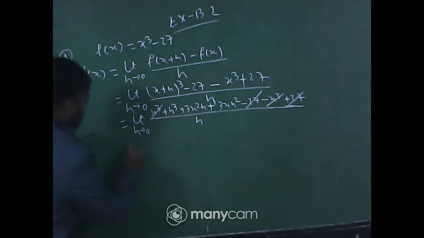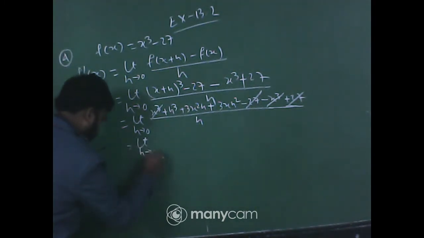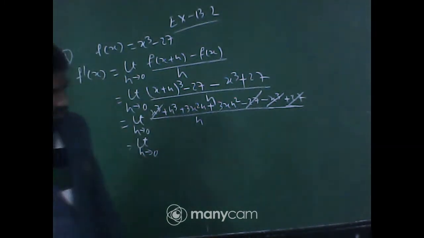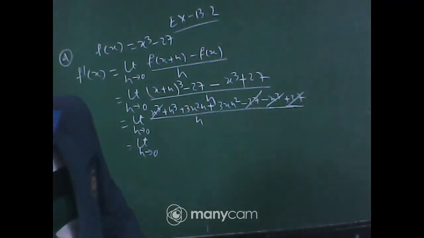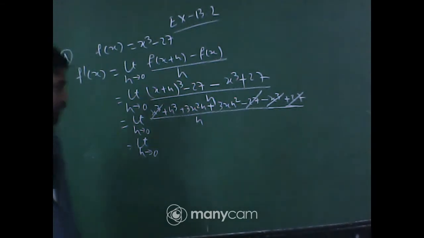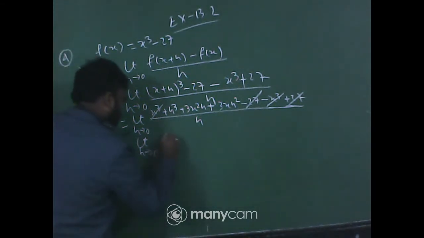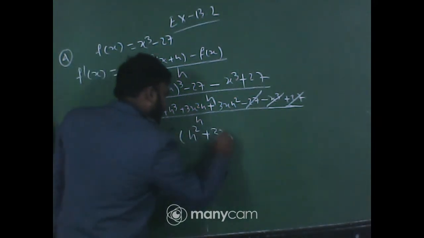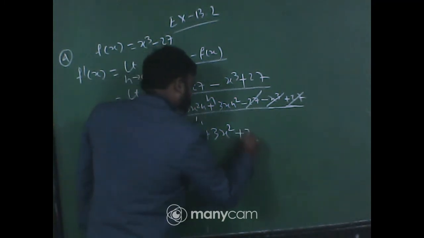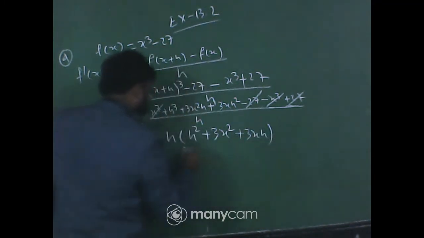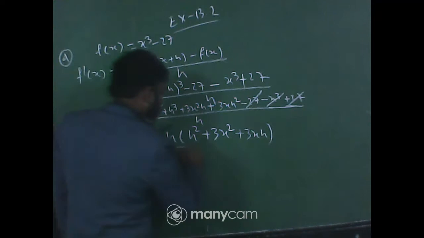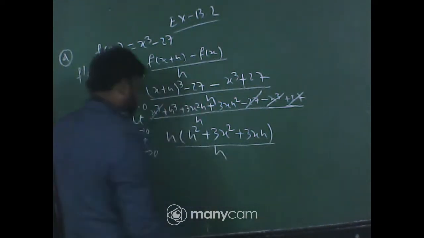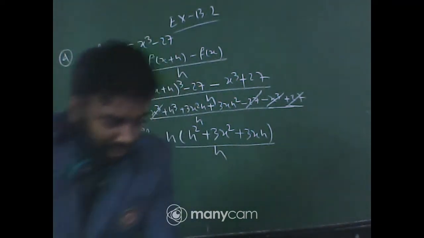From that, take h common: limit h tends to 0, h square plus 3x square plus 3xh, by h. Look at the board.